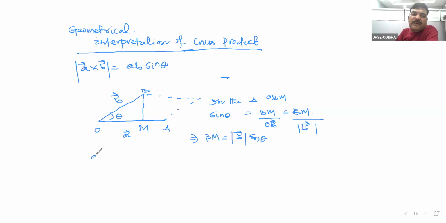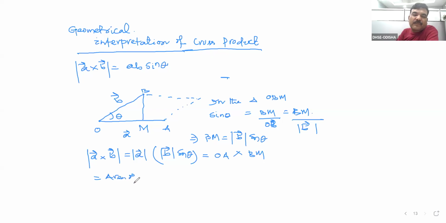So A cross B mod is equal to A mod into B mod sin theta. A mod is OA, and B mod sin theta is BM. This is equal to base into height, which is equal to the area of the parallelogram.